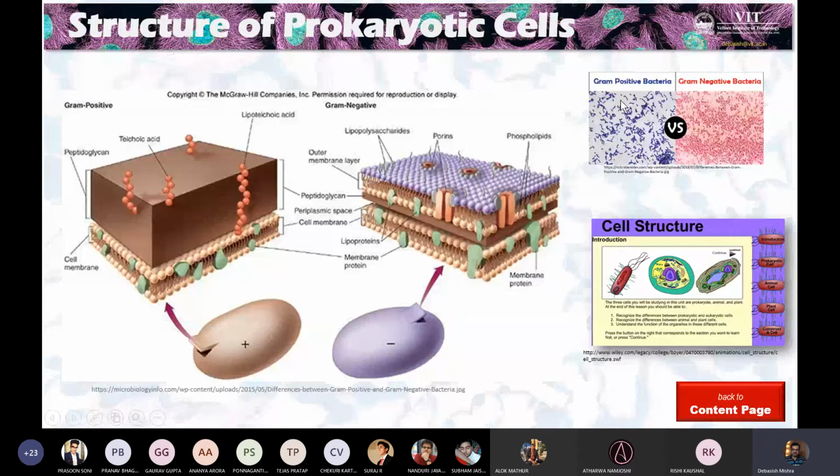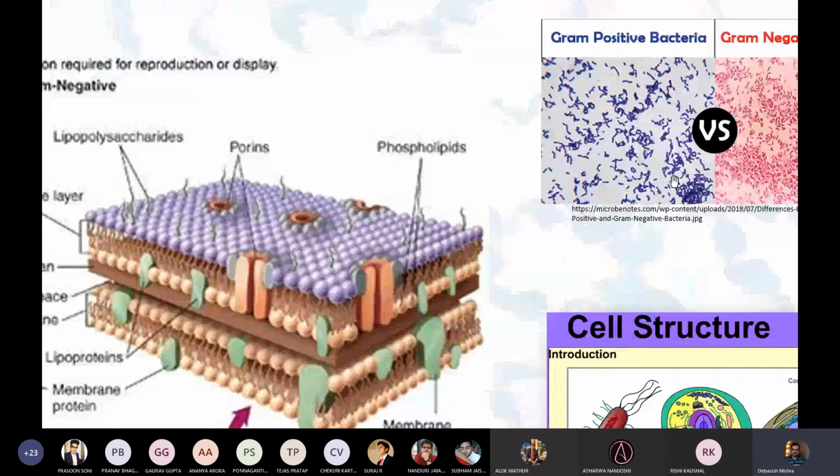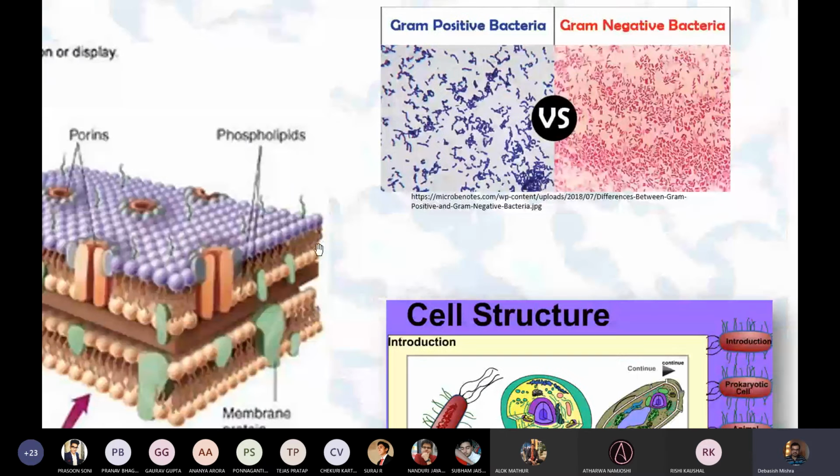Now, I just told you that there is a particular stain called crystal violet, and a scientist called Gram. His surname was Gram, and he designed a particular experiment with which he can distinguish many species of bacteria. And with that, we started calling it gram positive or gram negative bacteria. The E. coli we just saw is a gram negative bacteria.